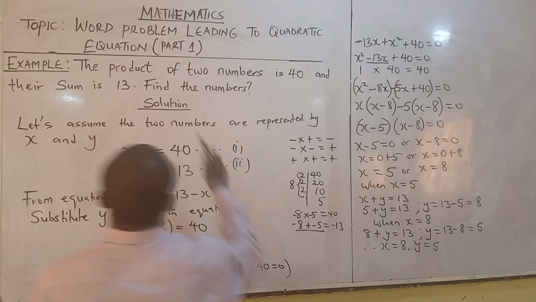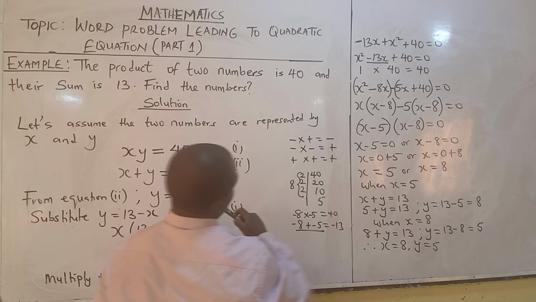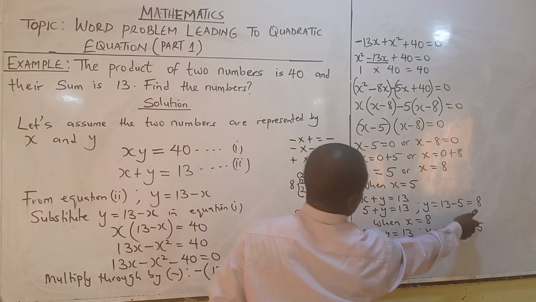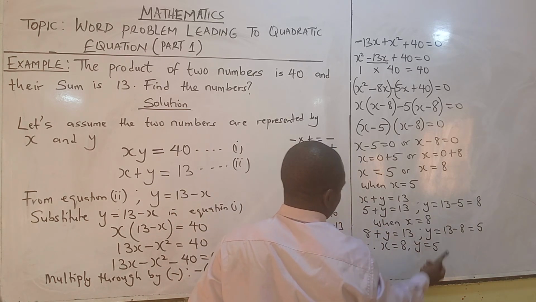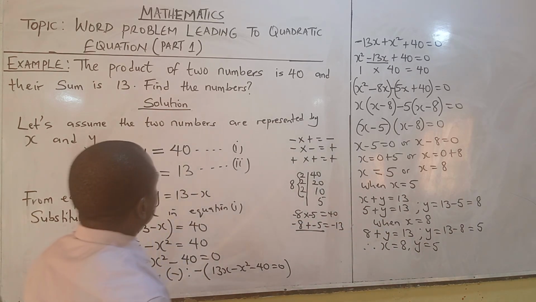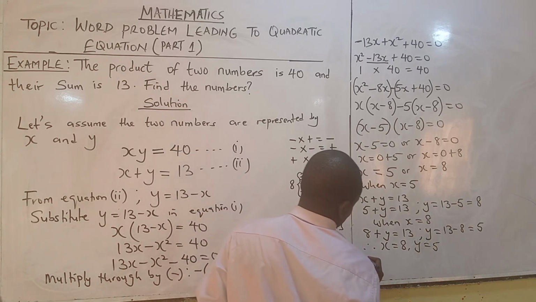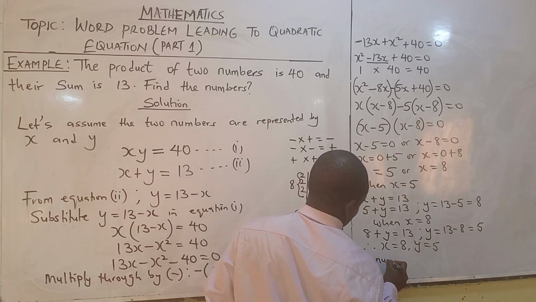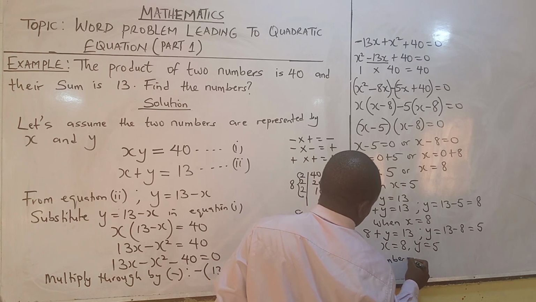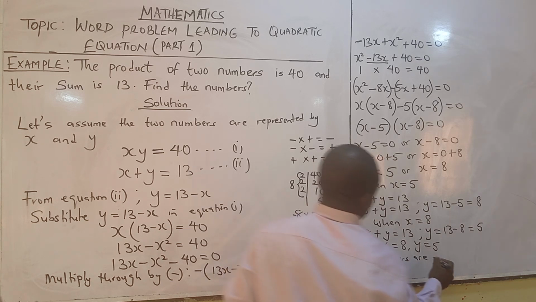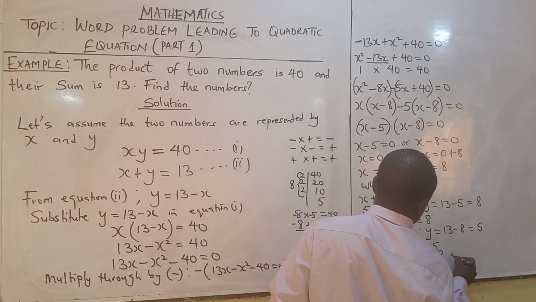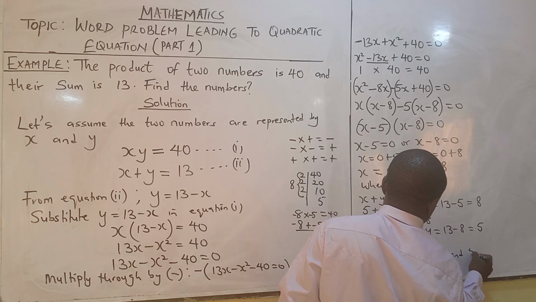To confirm it, the product of two numbers is 40. When you multiply 5 times 8, it gives you 40, and 8 times 5 also gives you 40. And the numbers are 8 and 5.